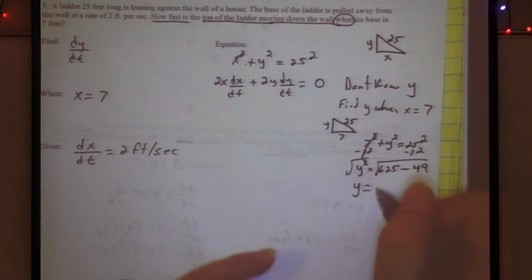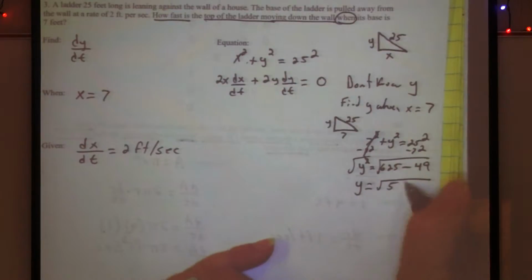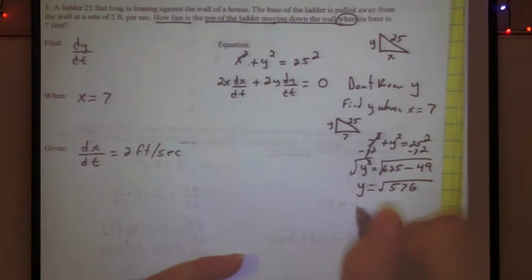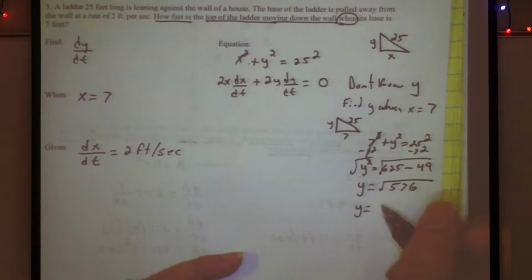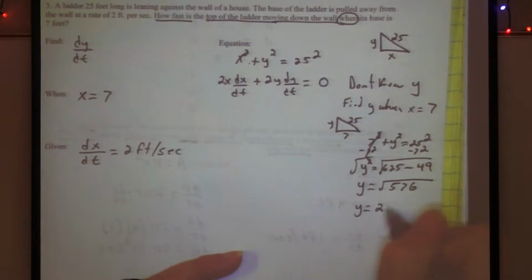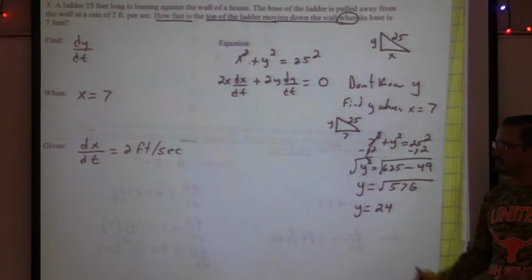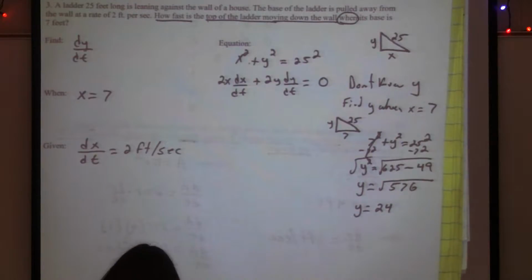The square root of 576? Anybody know that one? 24, very good. It would actually be plus or minus 24, right? But why is it that we're only considering the positive 24? Because we can't have a negative length, right? A negative distance. So it's only 24 in this particular case.